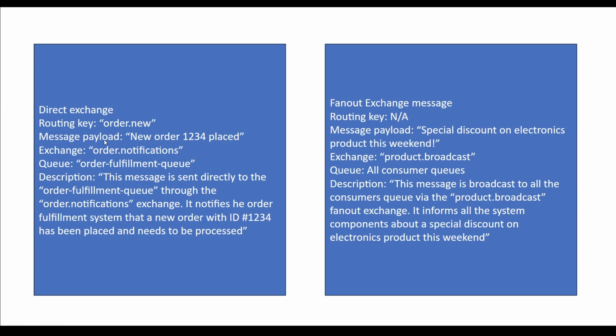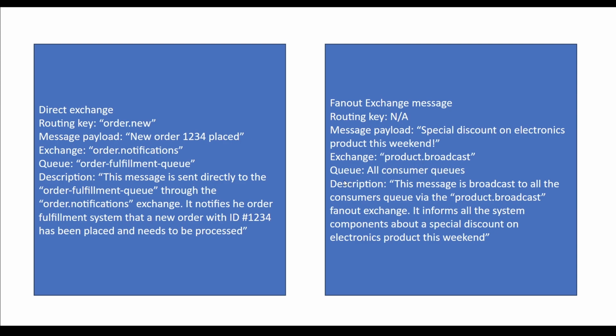So talking about the message, this will be the message that we will be passing. For implementing the direct exchange, for the exchange order.notification, we'll be using the routing key order.new, and this will be the message payload, and we'll also be adding the description. Then we'll be creating a fanout exchange and sending this message. As I mentioned, a fanout exchange does not require any routing key, so we won't be passing any routing key, and it will be associated with the exchange product.broadcast and the queues.